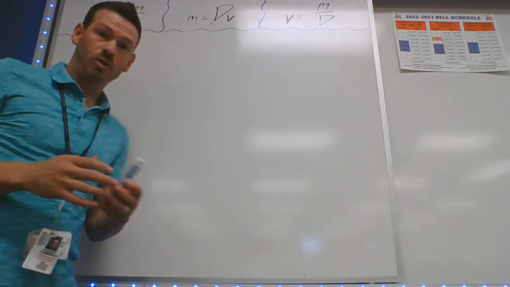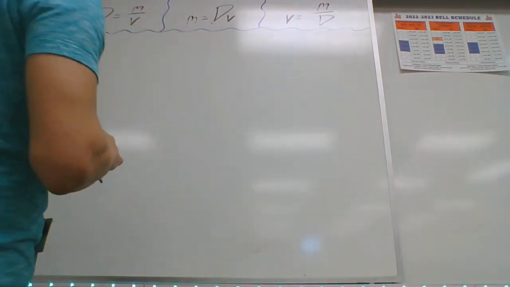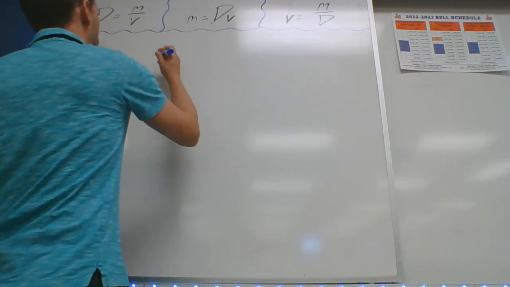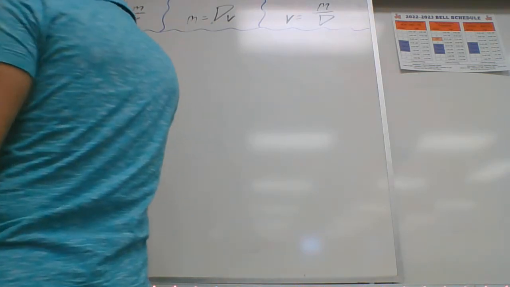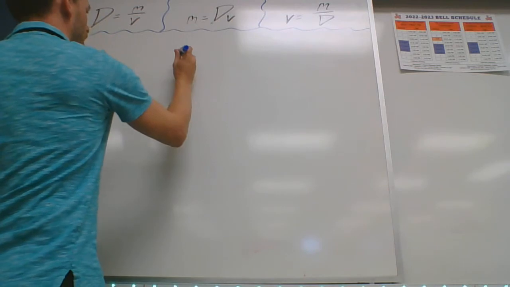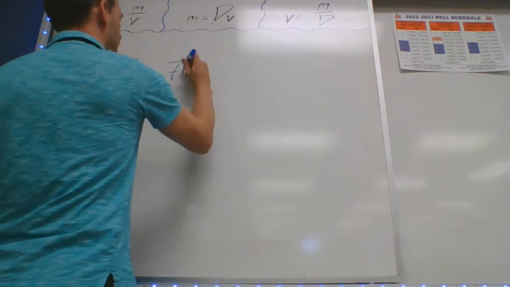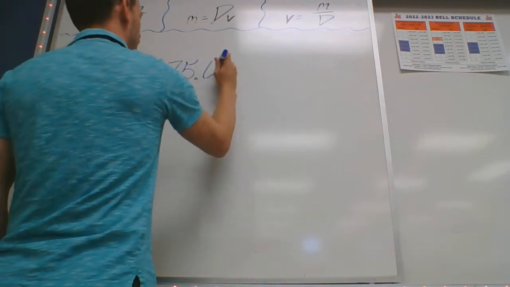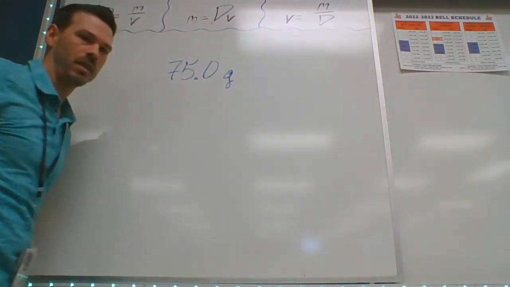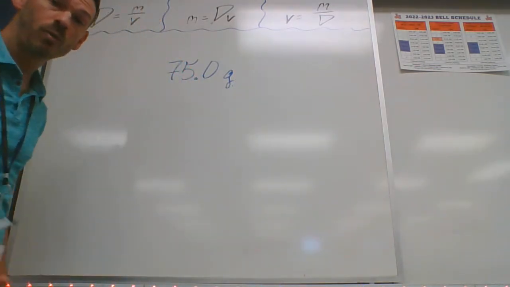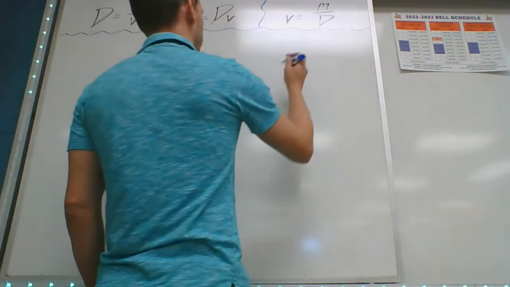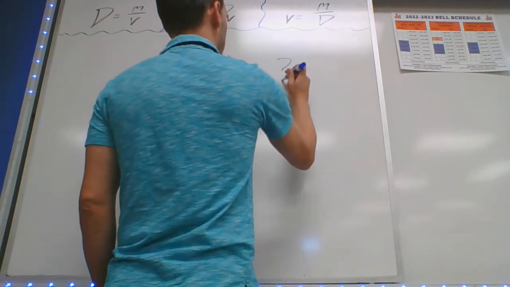So let's do a simple conversion. We'll start with something like, what if in lab we measured 75 grams of something, but for whatever reason, we want that in kilograms.